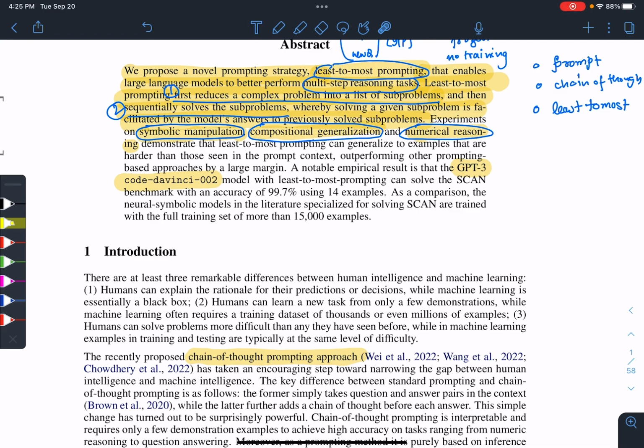So that's the idea of the paper. The datasets they are using are on symbolic manipulation, compositional generalization, and numerical reasoning. They are using GPT-3.